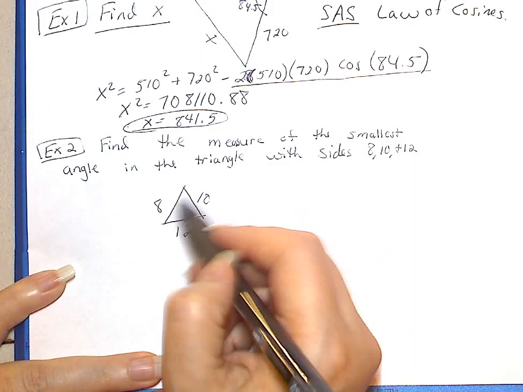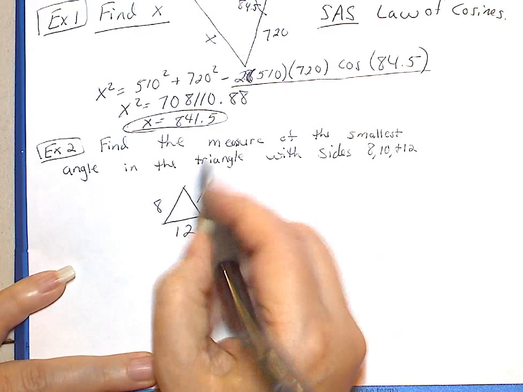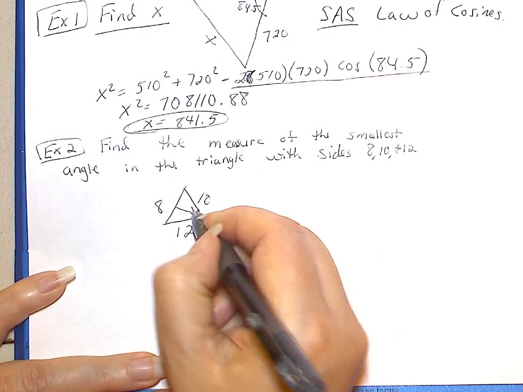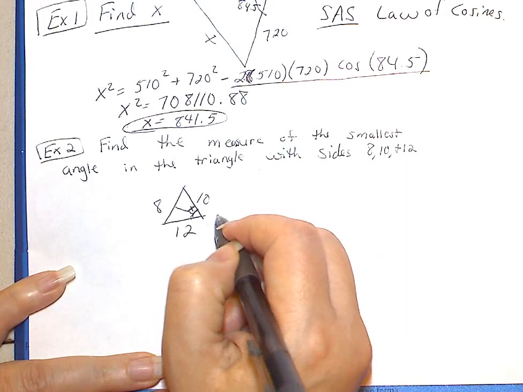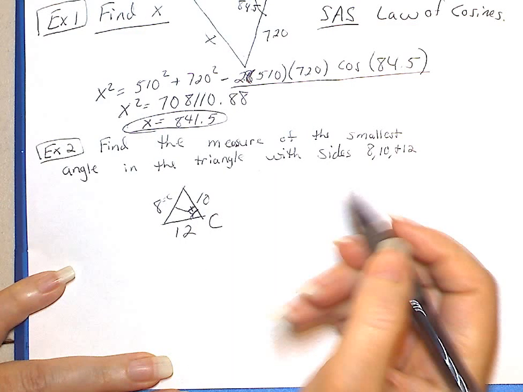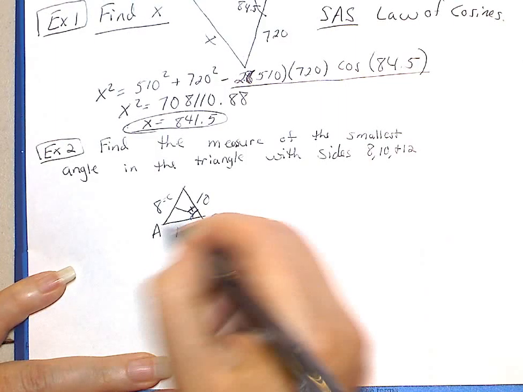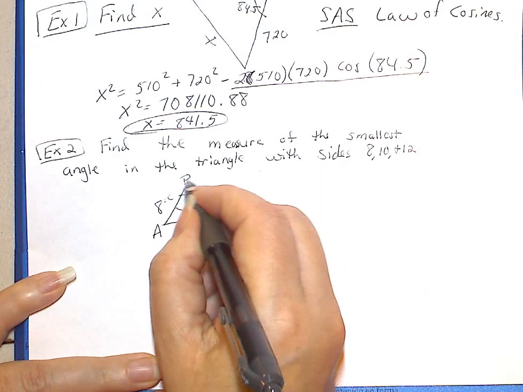The smallest angle is across from the smallest side. So this is going to be my x that we're going to solve for. For your formula, we might as well call this C and call this little c, and then those will be A and B. So this is our A, and this will be our big B up here, so this is our little b.